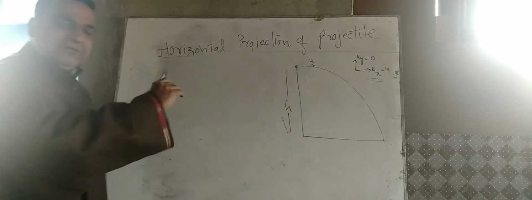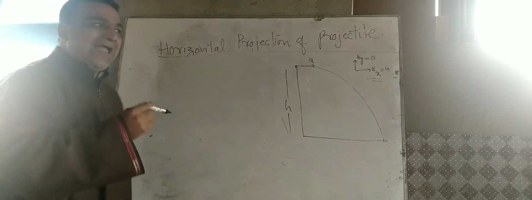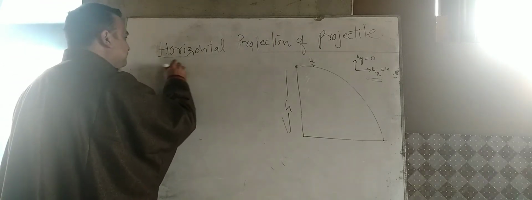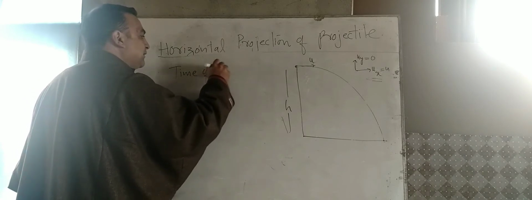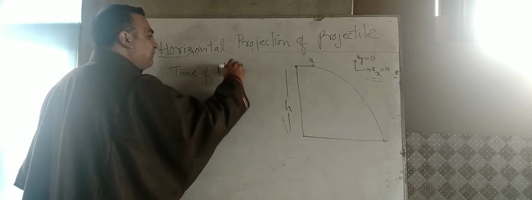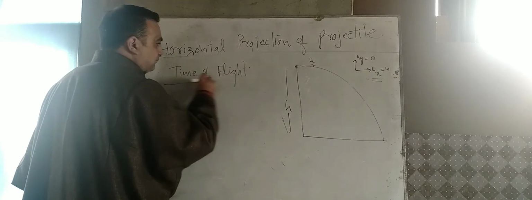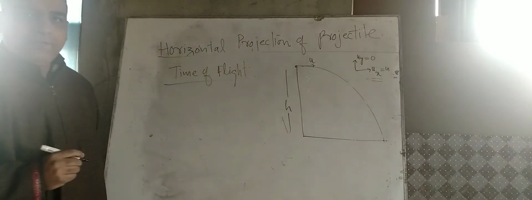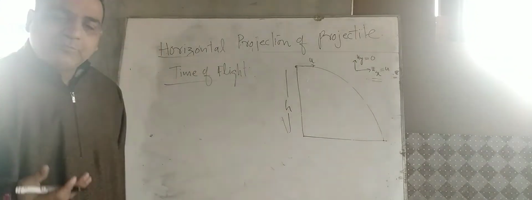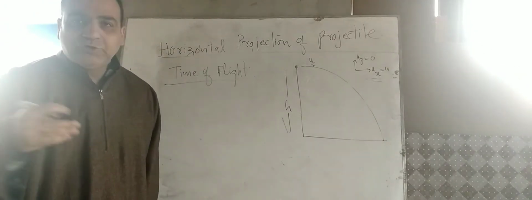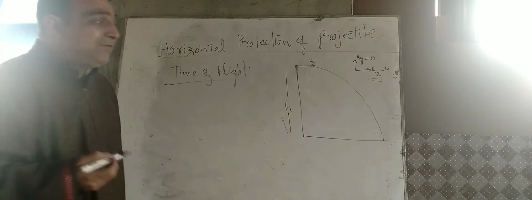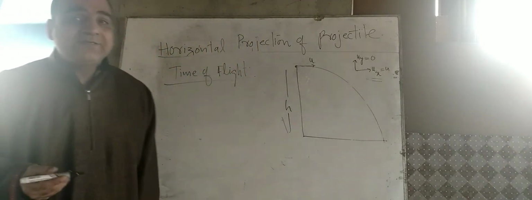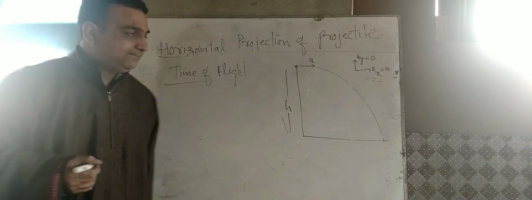This total time is known as time of flight. A projectile is shot from some height with some initial velocity. What time will it take to hit the ground? That time is called the time of flight.